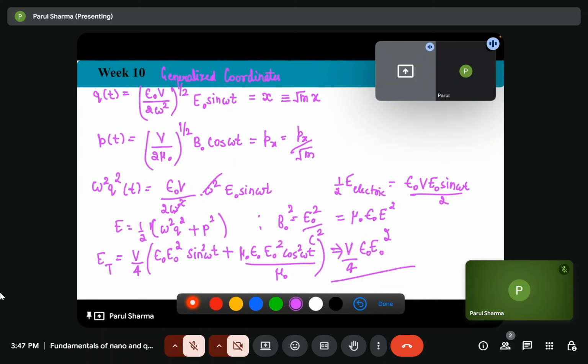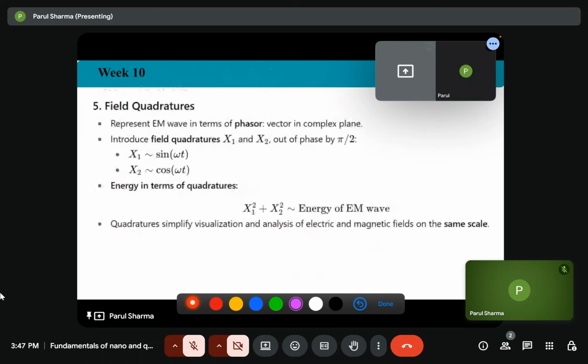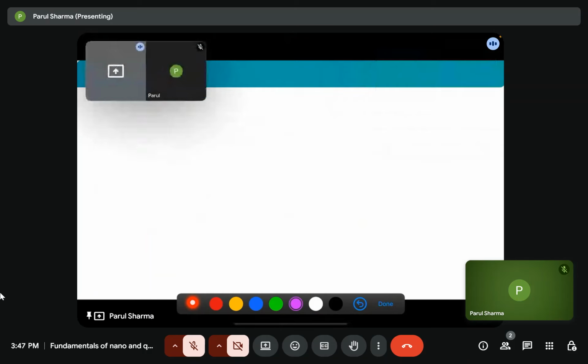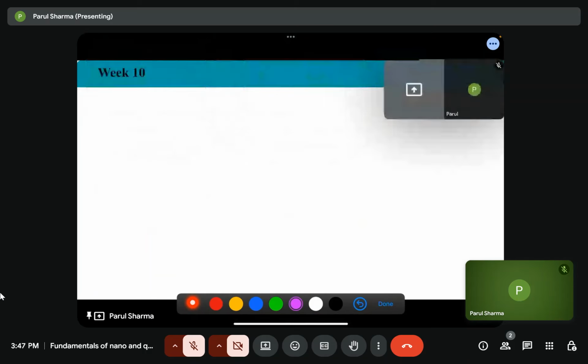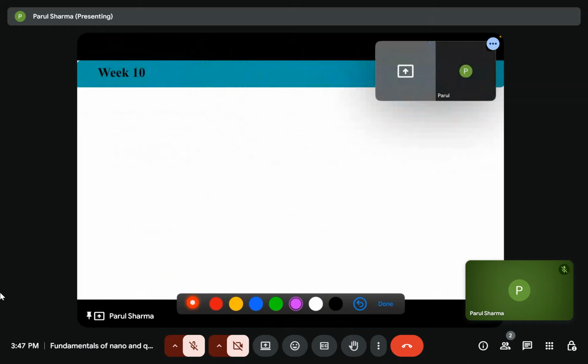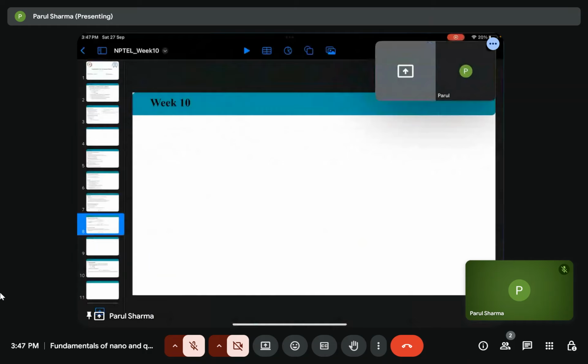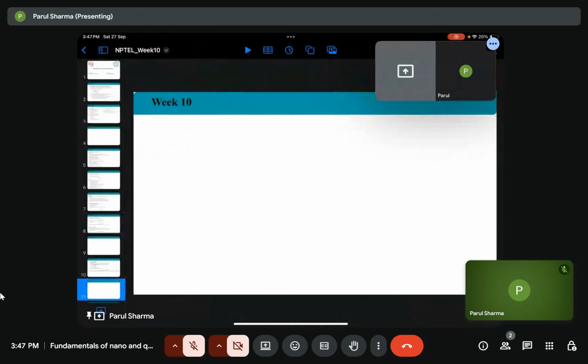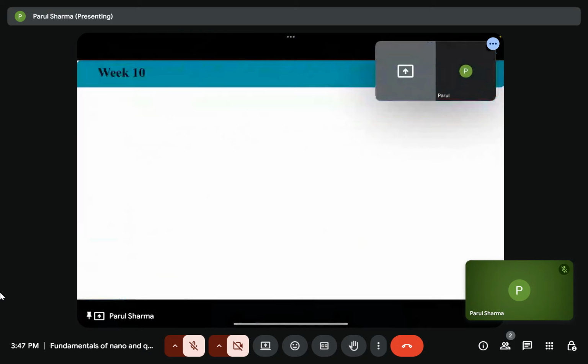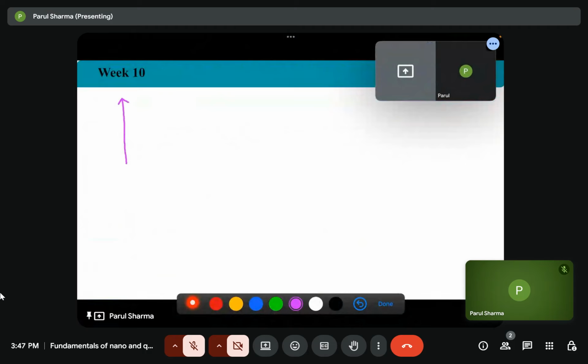So E_x(t) is equal to, so let's first see how we can represent this.